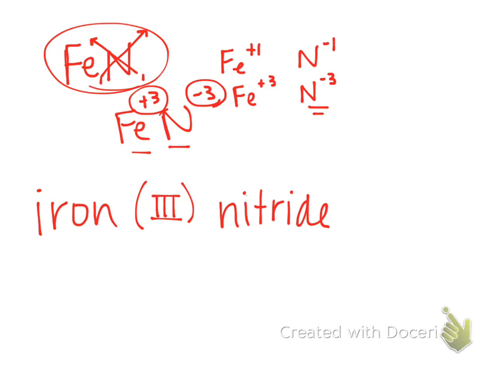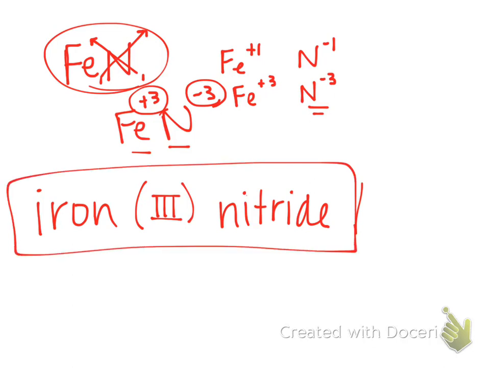If you're just looking at the charges themselves and you don't use that crisscross method, which is fine, you're going to have to identify it just based on the charges. So this is our final answer. If you give me iron nitride with no Roman numeral, that's no good. Right? Because we can see that the difference between iron 2 nitride and iron 3 nitride is a whole different ratio of atoms. Okay? Questions with that?